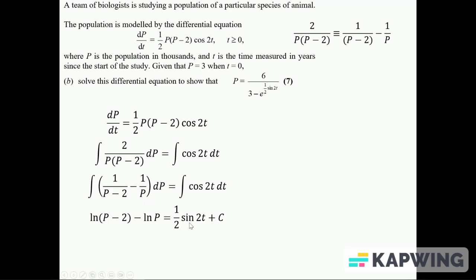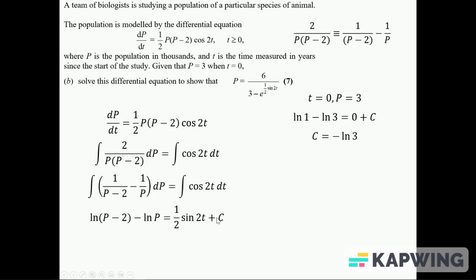Cos integrated is sine, but I need a half in front, so I differentiate sine 2t, I get 2 cos 2t, and then I need a plus c at the end, which I can work out because I've got these initial conditions, p is 3 when t is 0. Putting that in, I'll have ln 1 minus ln 3, sine of 0 is 0, plus the c. Ln of 1 is 0, of course, so the c is just ln 3 minus ln 3.